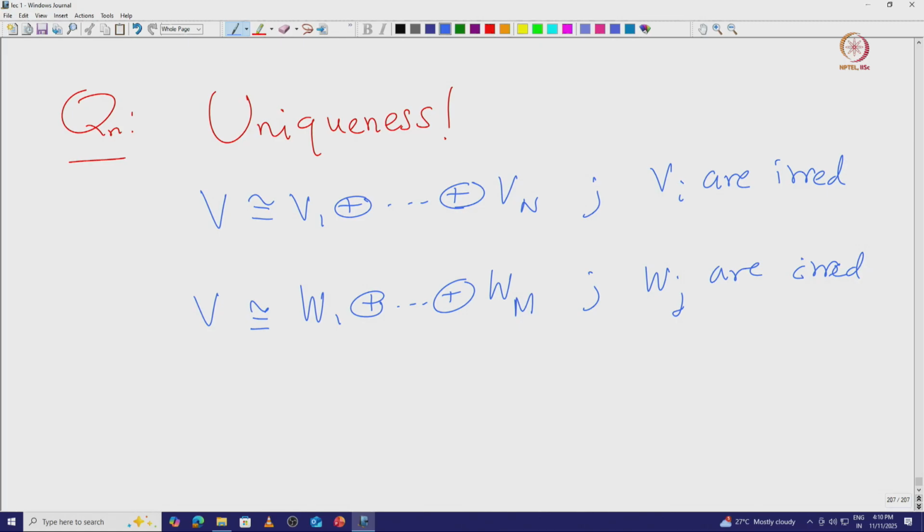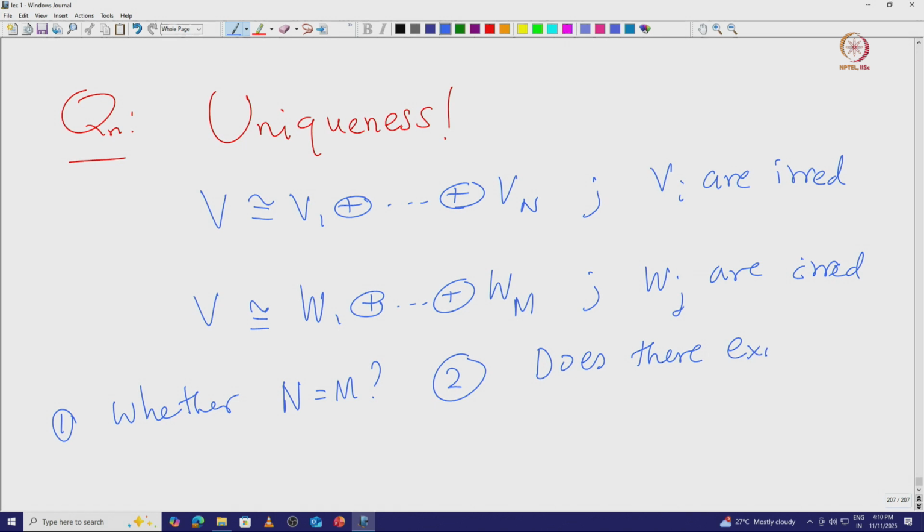So, basically the question is whether the number of components is equal, and in that case, does there exist sigma in Sn such that Vi is isomorphic to W sigma i for all i ranging from 1 to n.